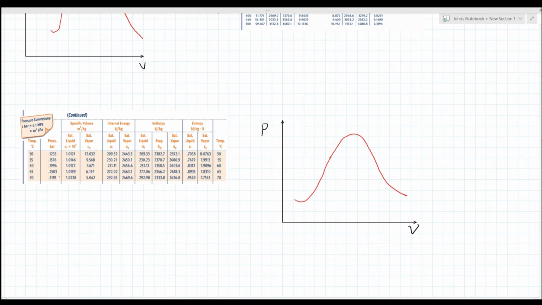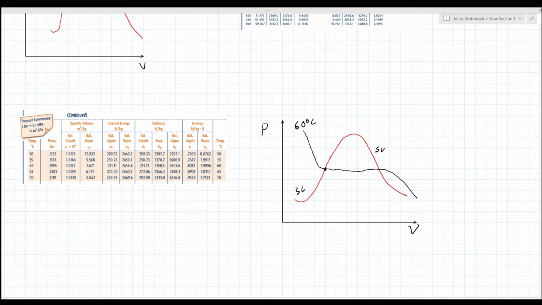So let's say my water is at 60 degrees Celsius and I'm saturated liquid. Well, that means I'm right here, and this temperature line is 60 degrees Celsius. If I'm right here, I can go to the table for saturated liquid, because this is the saturated liquid part of the graph, and I know my pressure, which must be 0.1994 bar.